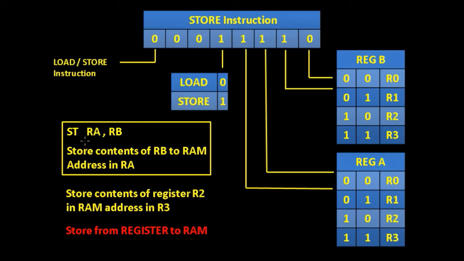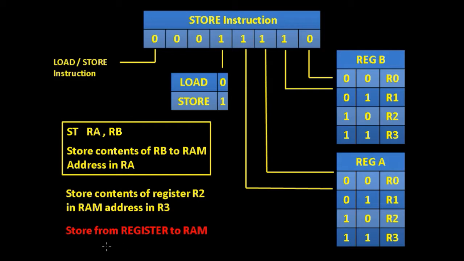And really what it says is, we want to store the contents of register RB to the RAM address that's pointed to by register RA. So in this example, we're storing the contents of register RB, which in this case is register 2, in the RAM address which is pointed to by RA, which is register 3.